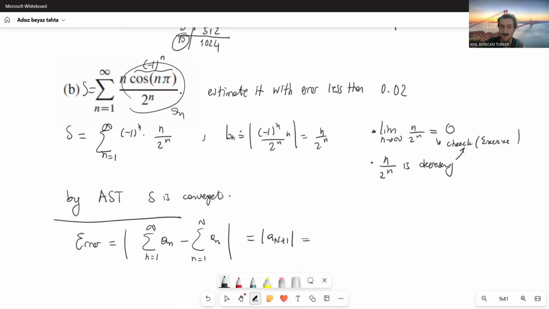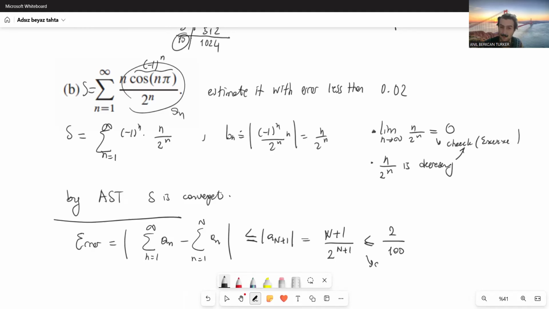In this case, it is N plus 1 over 2 to the power N plus 1. Okay, by the way, this is not equal, this is less than. I want this to be less than or equal to 2 over 100.